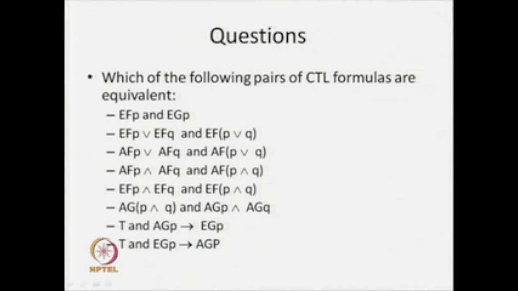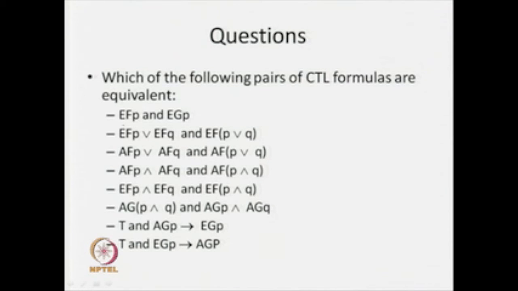Now, after going through this equivalence, let us look at some questions. Basically, we check whether some pairs of CTL formulas are equivalent or not. The question I have given is: which of the following pairs of CTL formulas are equivalent? Here I am giving some pairs.